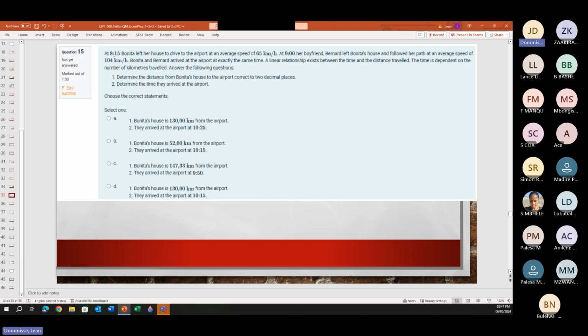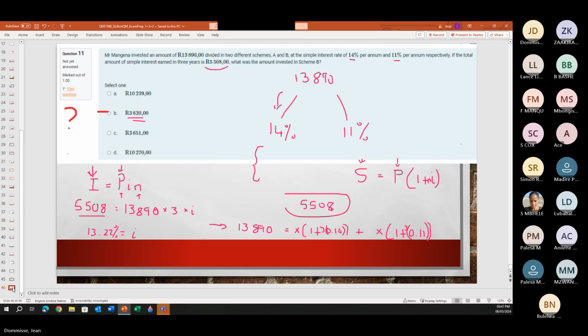So at 8:15, Bonita left her house to drive to the airport. If anybody has an idea how to do this, you can send something to the WhatsApp group or even to this chat.